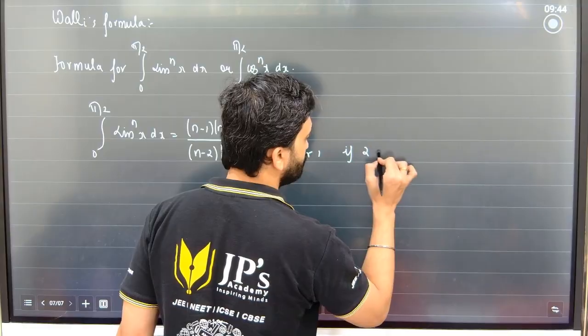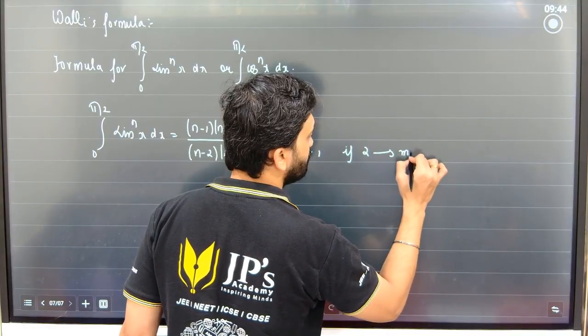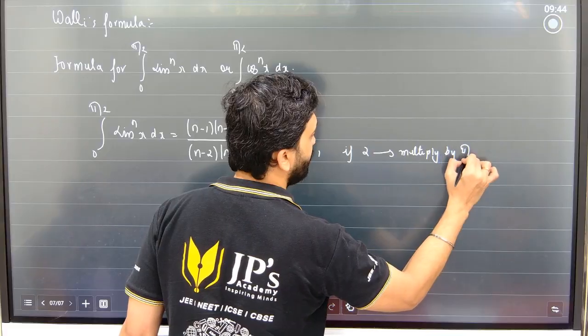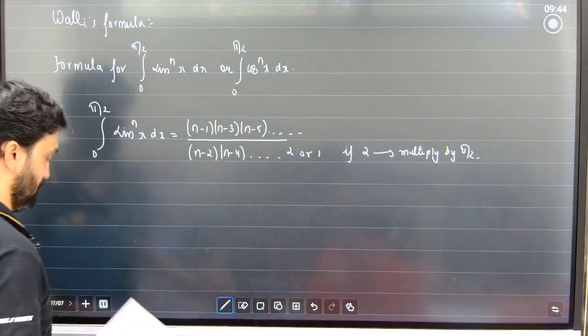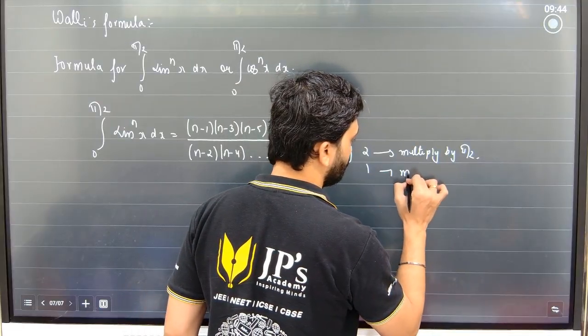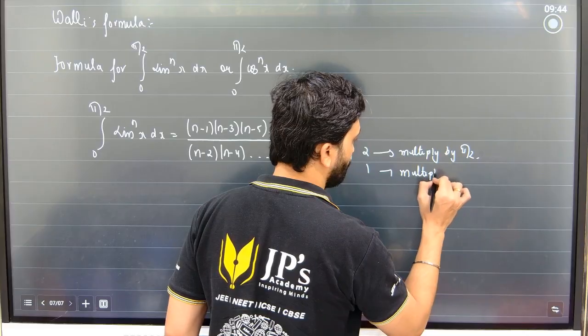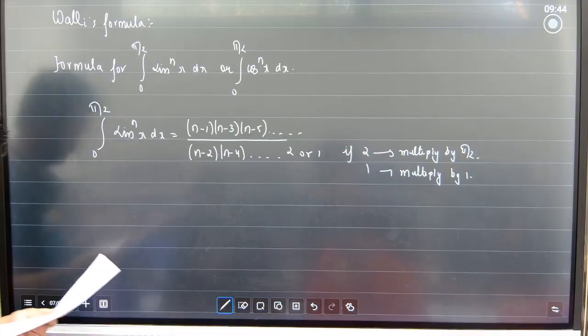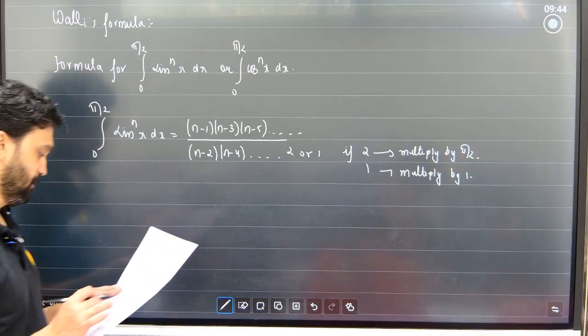If there is 2, then multiply by pi by 2. Okay. And if there is 1, multiply by 1. Okay. Multiply by pi by 2 for 2 and multiply by 1 for 1.